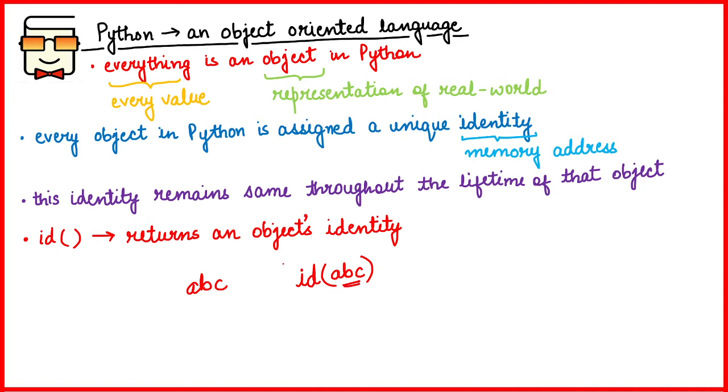When you execute this statement, you will get a big value. Actually, it's not a random number, it is a memory address or location, some big value which you won't be able to remember for all the objects. This is the memory address where the object is present in the memory. So id with round brackets is the function that can be used to retrieve the object's identity.